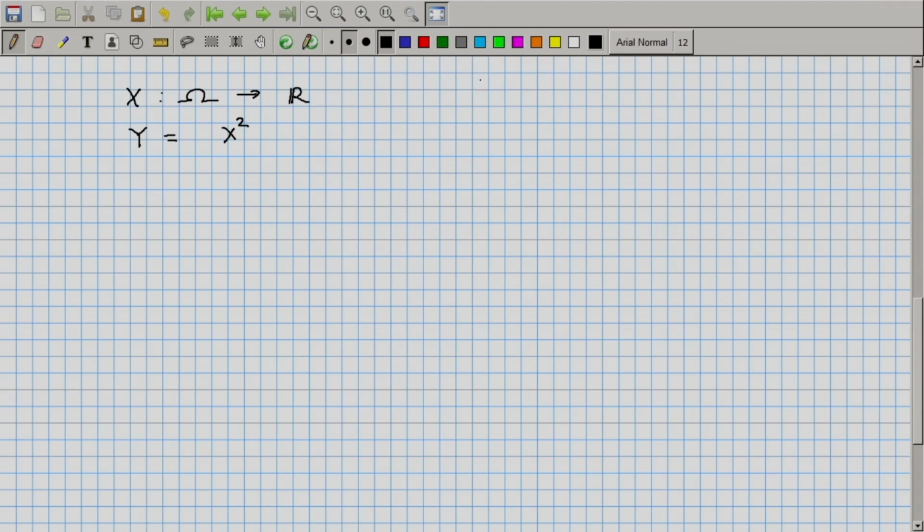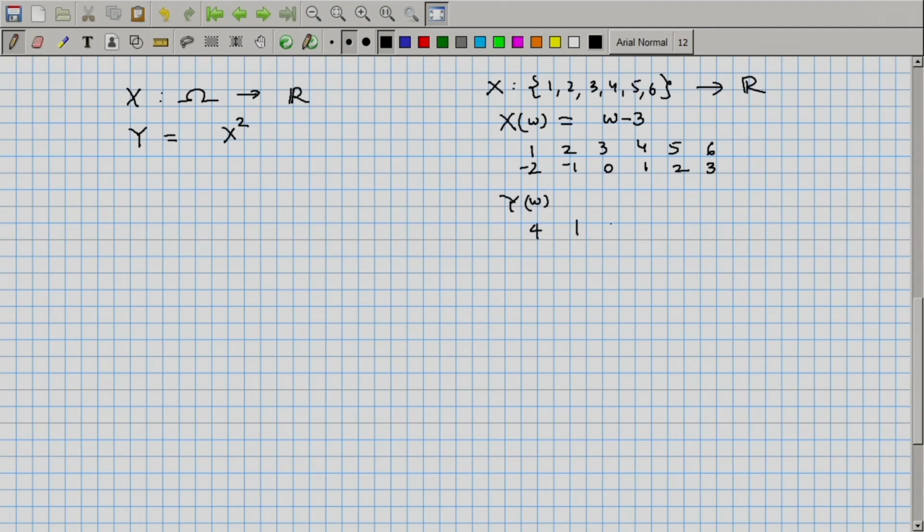Suppose X is a random variable from 1, 2, 3, 4, 5, 6 to the reals such that X of omega is just, let us say, omega minus 3. Okay. So, on 1 it takes the value minus 2, on 2 it takes the value minus 1, on 3 it takes the value 0, on 4 the value is 1, 5 is 2 and 6 is 3. The random variable Y(omega) will be taking the values 4, 1, 0, 1, 4 and 9.